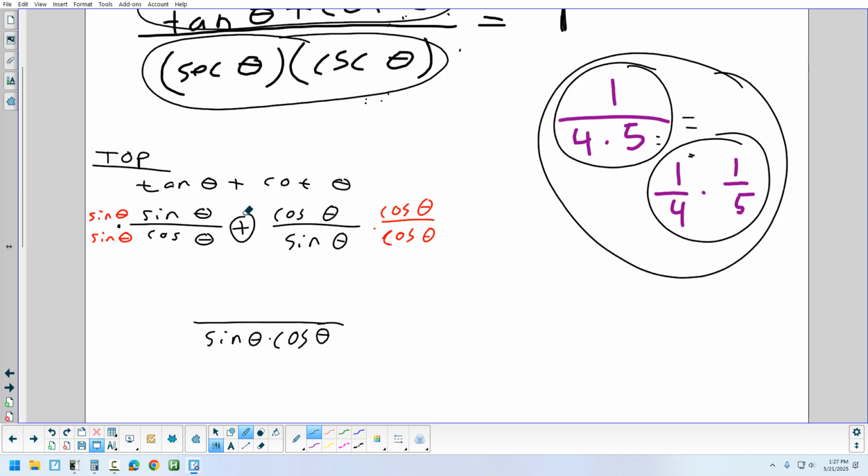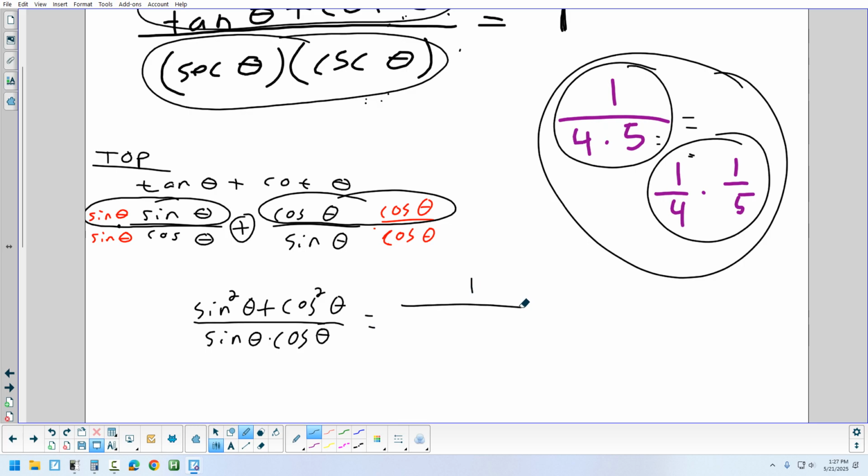You're going to have a plus right there. And what is this part? Sine squared. And what about this part? Cosine squared. What is sine squared plus cosine squared? 1.